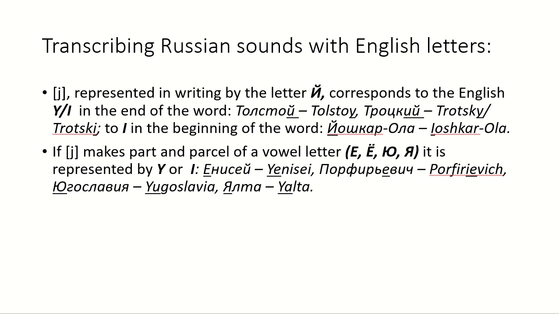If the Y sound makes part or parcel of a vowel letter, like ye, yo, you, ya, Russian ye, yo, you, ya, it is represented by Y or I. And you can see examples.